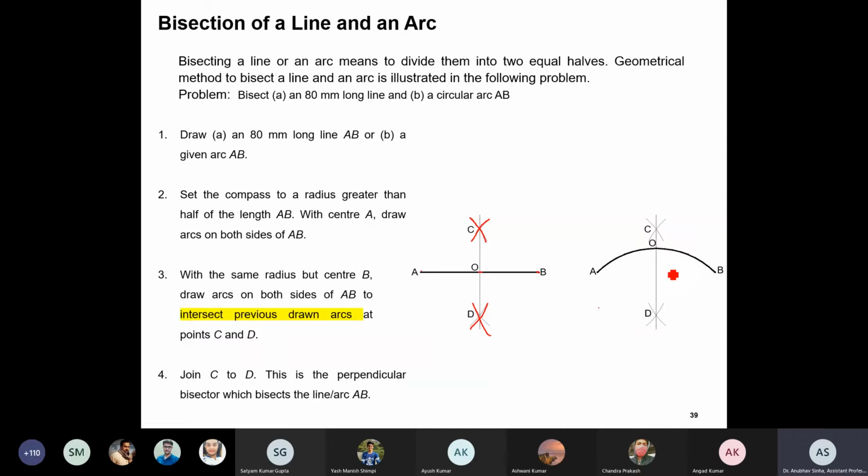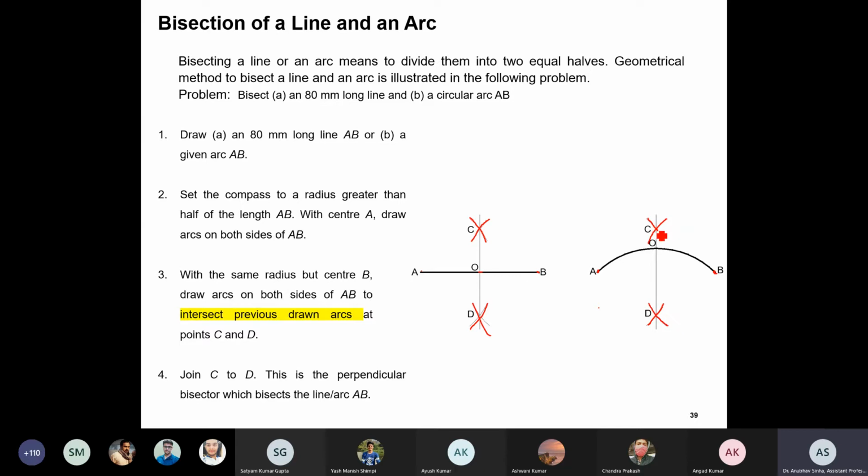Similarly, for an arc, you have to do the same thing. Take the compass, put the center at A, and mark one arc above and one arc below the arc or circle. Then keep your compass at B, center at B. Now I will mark two arcs here, one arc here and one arc here.